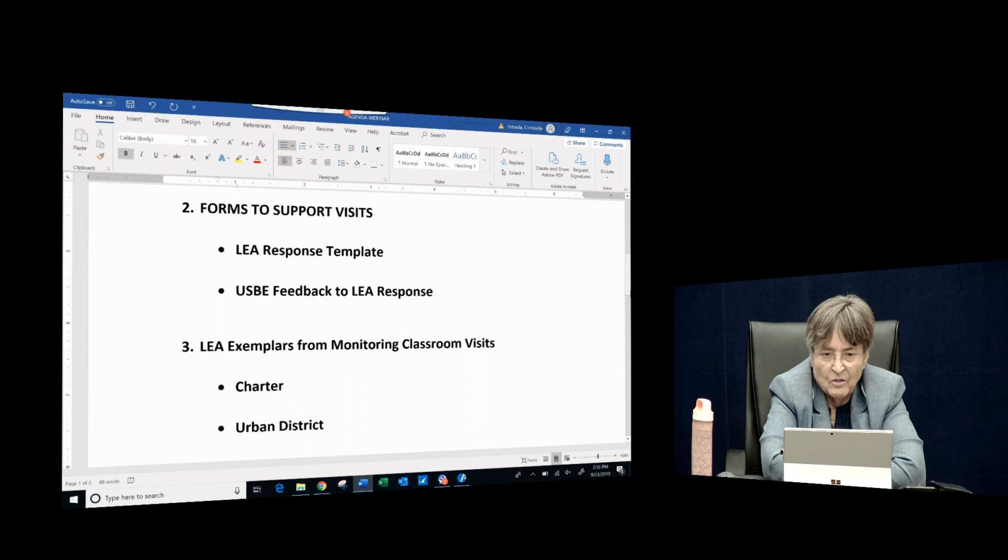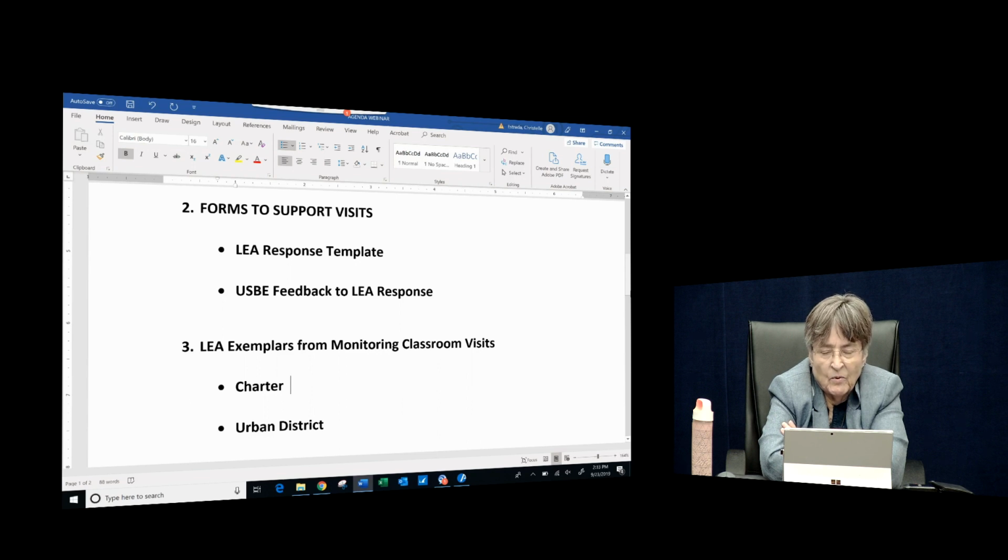And their question to us when they did the ESSA review was, how is the state agency going to support LEAs in ensuring that every English learner has access to grade level content?